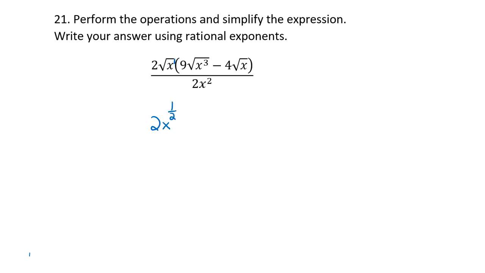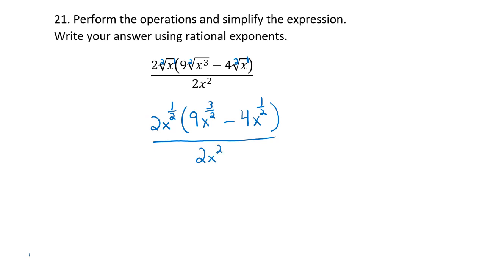Once again, invisible 1 for the exponent, invisible 2 for the index. That's going to be times 9x, exponent goes on top. Once again, invisible 2 for the exponent, minus 4, and we have x. Once again, invisible 1 for the exponent, 2 for the index, 1/2, all over 2x squared.